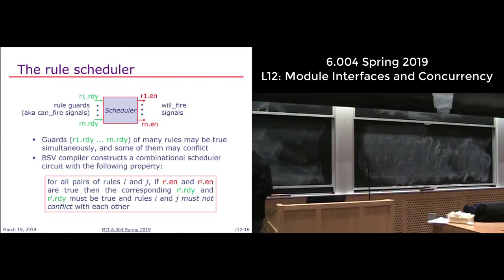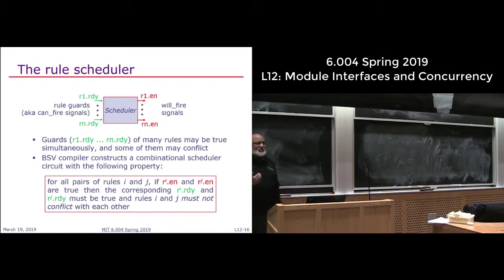If the Bluespec compiler says it's okay to execute rules Ri and Rj concurrently, what conditions must be true? It must be the case that the guards of both these rules are true at that time. Because if guards are not true, you're not supposed to execute the rules. So that's the minimum condition, that if I say these two rules can go together, then their guards must be true. What is the second condition?